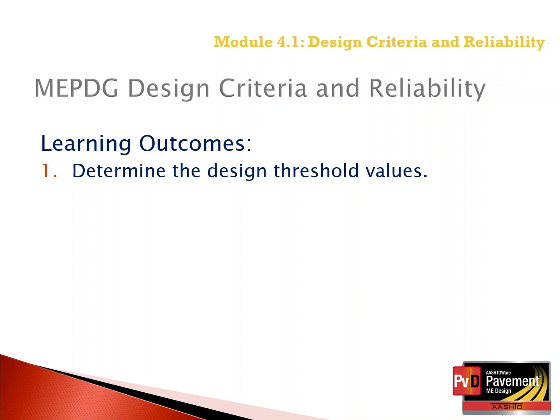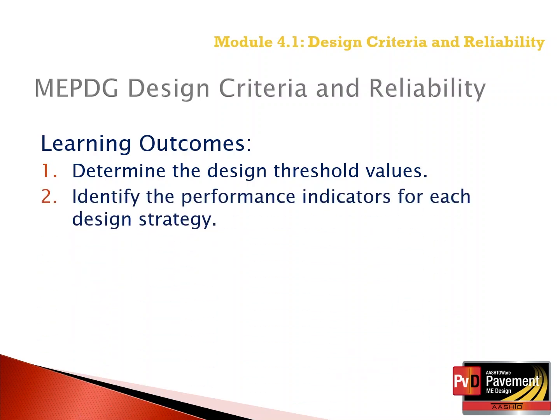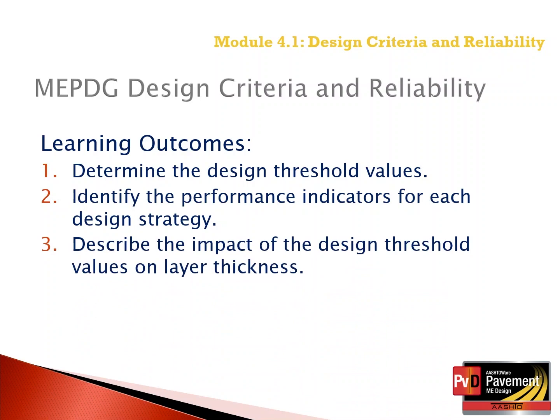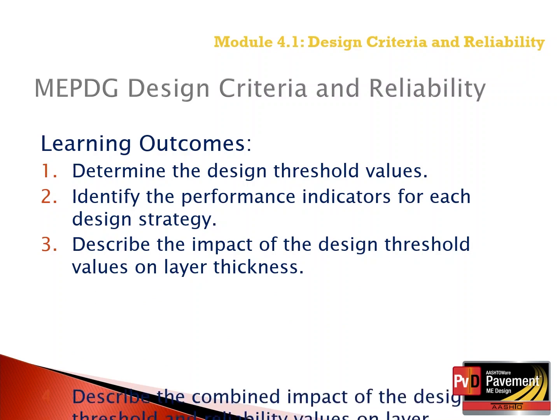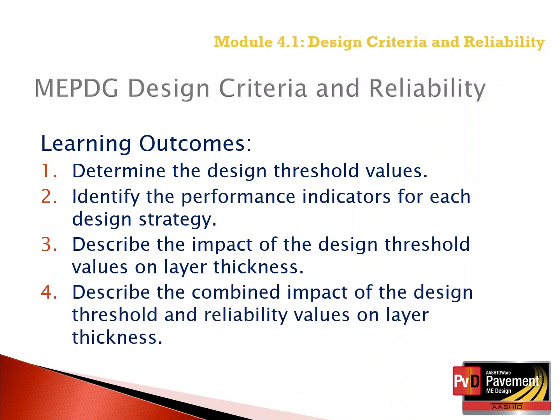The first is to determine the design threshold values. The second is to identify the performance indicators for each design strategy. The third is to describe the impact of the design threshold values on layer thickness. And finally, the fourth is to describe the combined impact of the design threshold and reliability values on layer thickness.